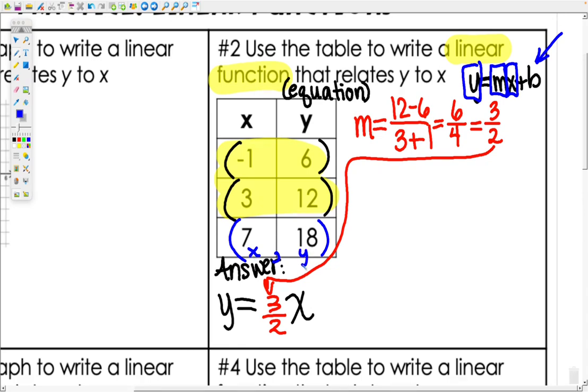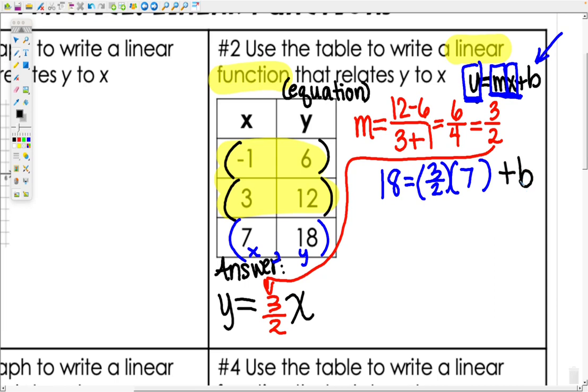Now I'm gonna come over here and put them in place. See where there's a y right here? The y is gonna be the 18. See where there's an m? We know the m is gonna be 3/2. And look, we need our x. Our x is multiplied by our m. Our x was 7. And then what we don't know is the b.